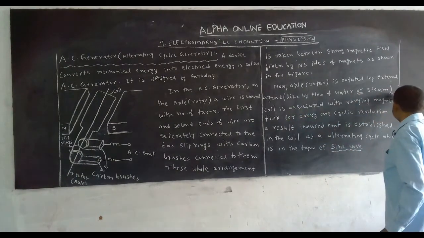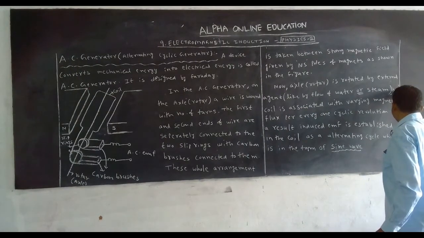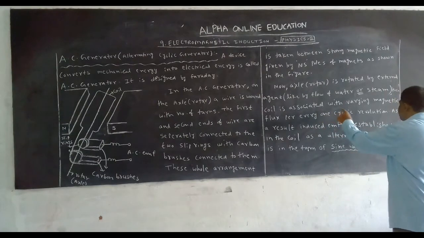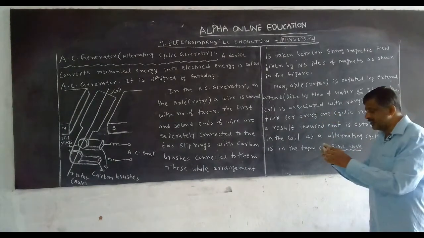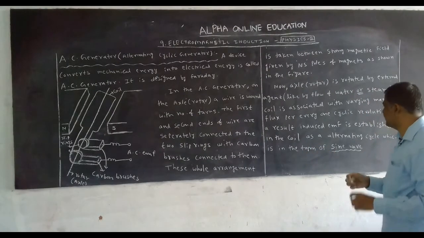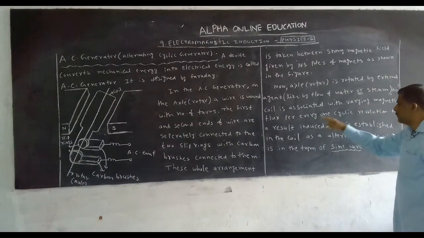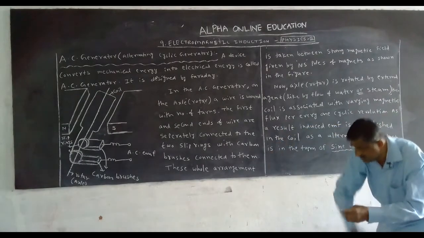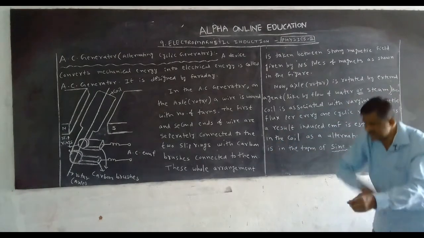Then the coil is associated with varying magnetic flux. This is the coil, now it rotates. This coil is associated with varying magnetic flux per every one cycle. This is the first cycle, this is the second cycle.